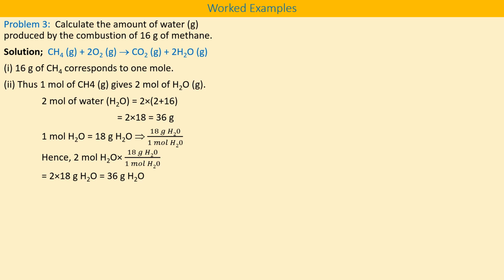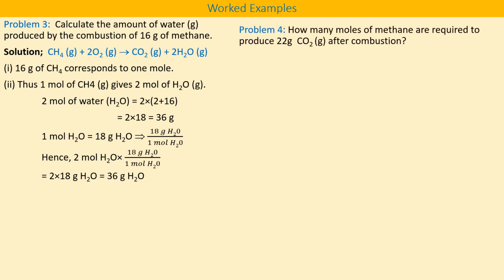So we have thus calculated the amount of water produced by combustion of 16 gram of methane. Next problem. How many moles of methane are required to produce 22 grams of CO2 after combustion?